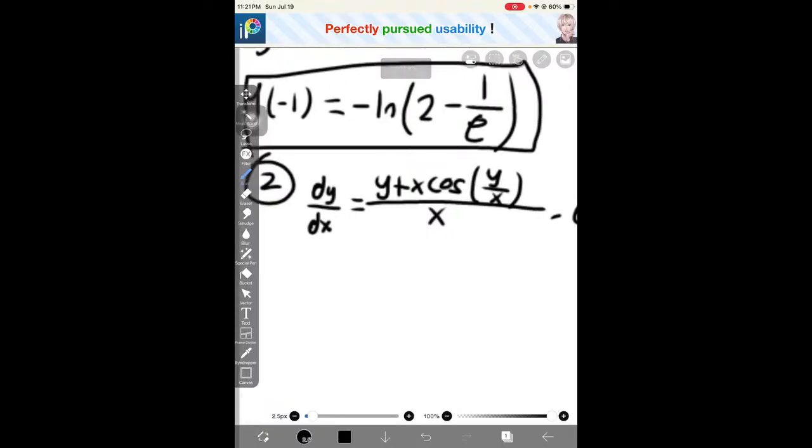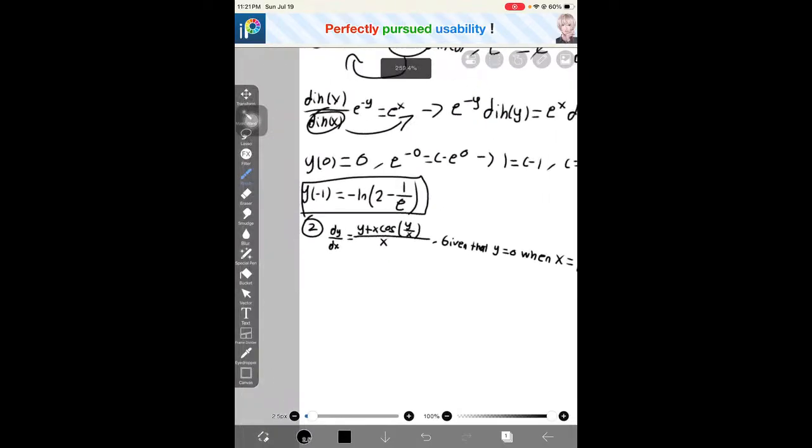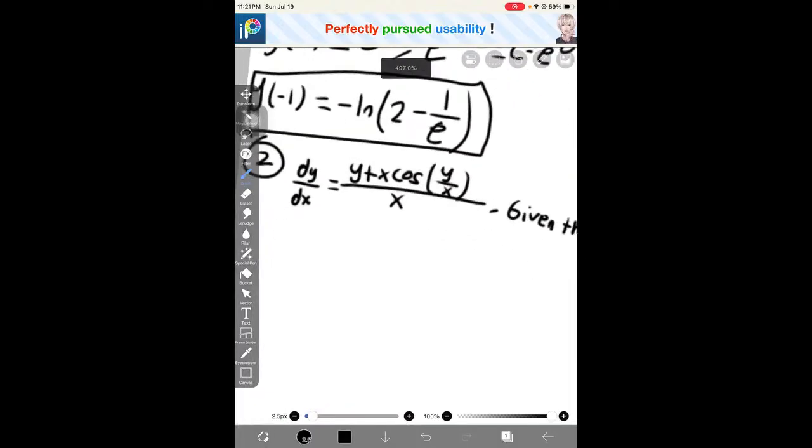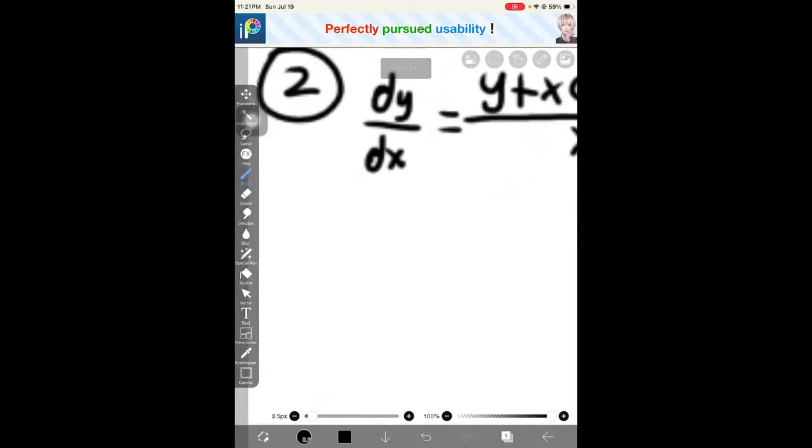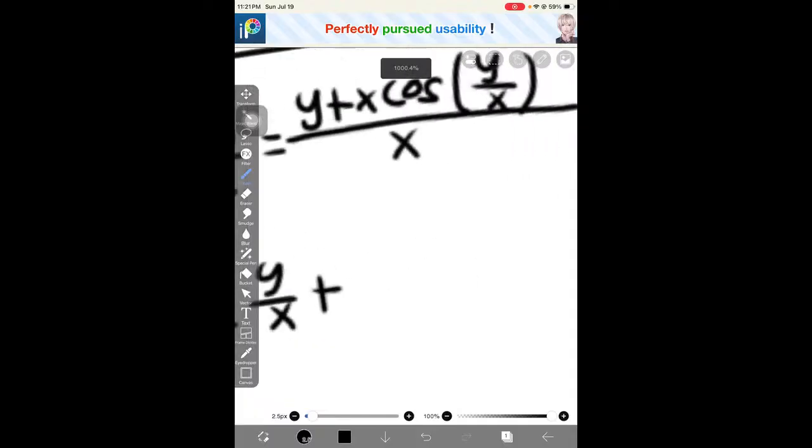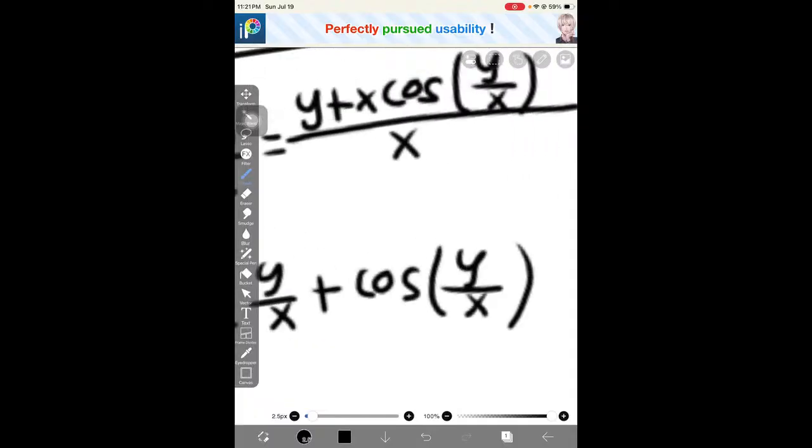I'm going to rewrite this differential equation. Now we can rewrite this as dy over dx equals y over x plus cosine of y over x.